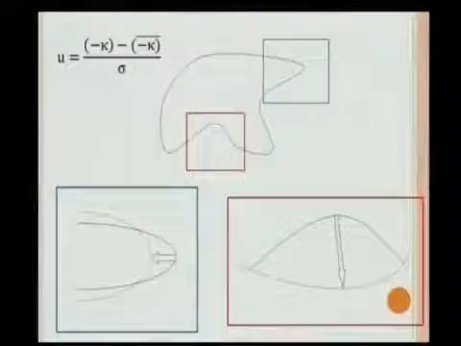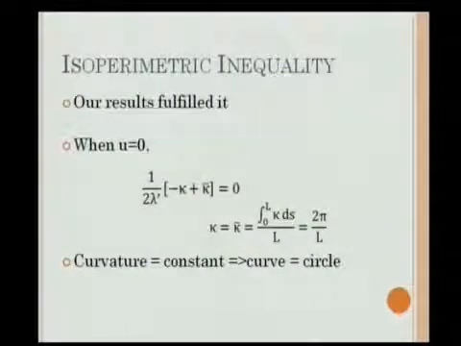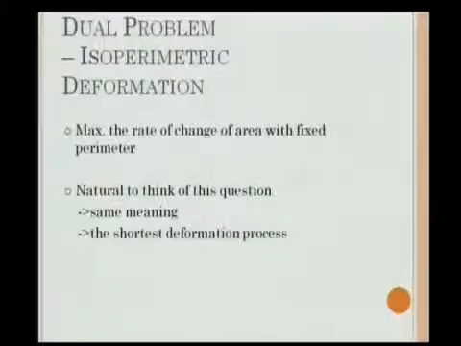If part of the curve has a larger curvature than the average curvature, it will move inwards, and otherwise it does the opposite. What's more, we can deduce from these expressions, gracefully, that our results fulfill the isoperimetric inequality.